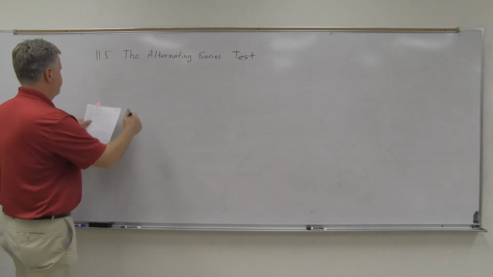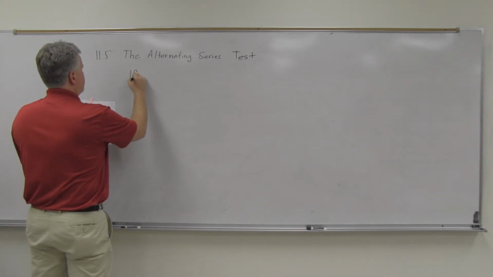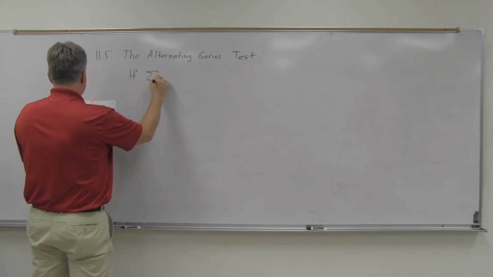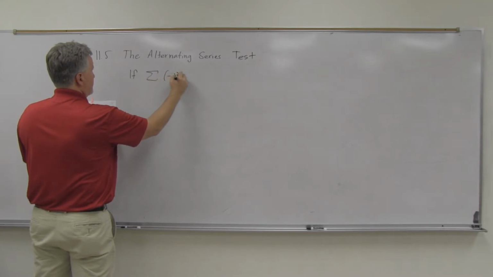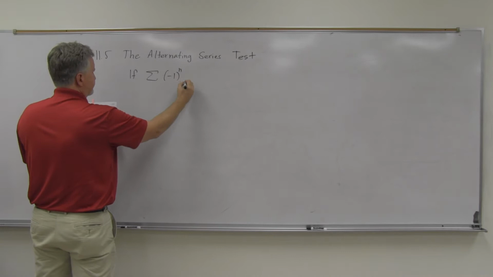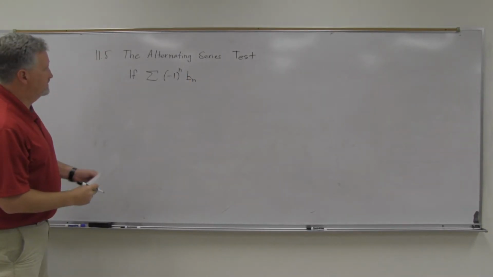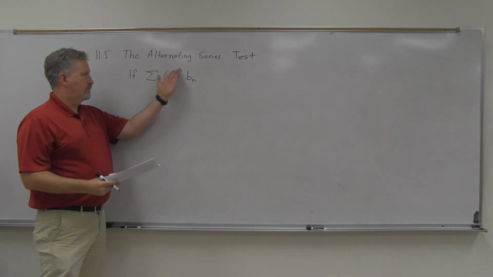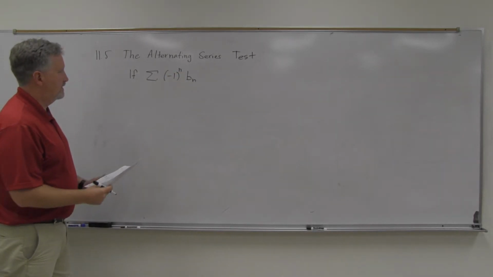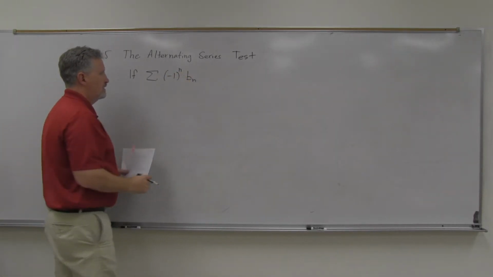So here it is. This will be sort of a generic looking alternating series. You've got -1 to the n times this b sub n.